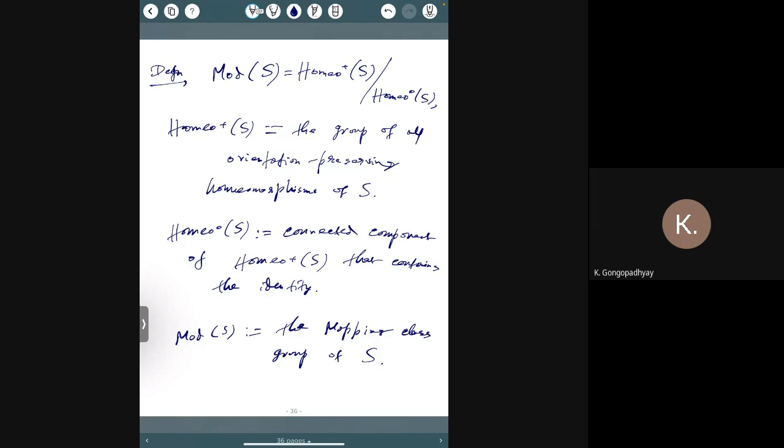So given phi in the mapping class group, and you take a point in Teichmuller space.